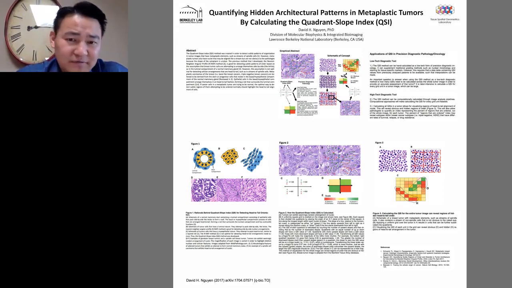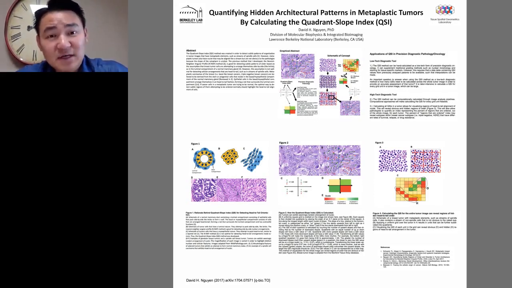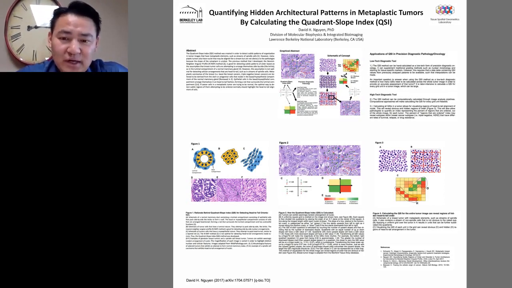That's the power of this quantitative method, the Quadrant-Slope Index, in that because it is calculated with the help of a computer that can calculate things very quickly and at a high rate, we're able to turn the features, the orderliness and disorderliness of a tumor, into numbers. And furthermore, we can aid the pathologist by visualizing the degree of order and disorder in each tumor. So this allows for more refined stratification of tumors.